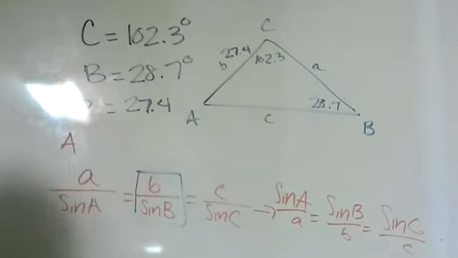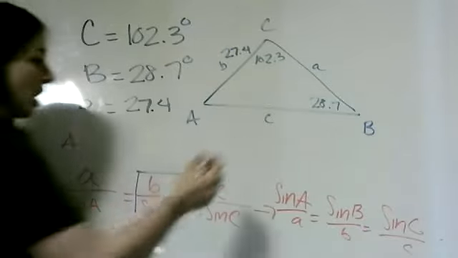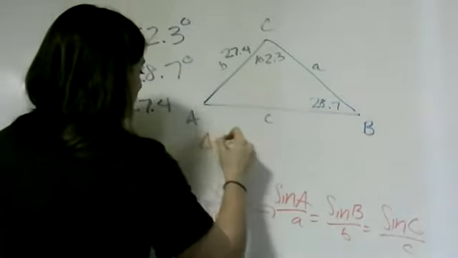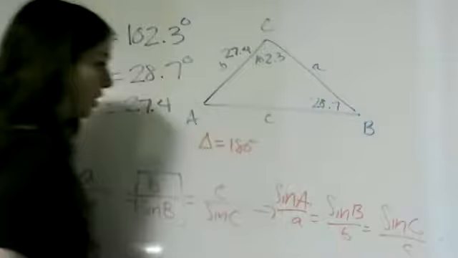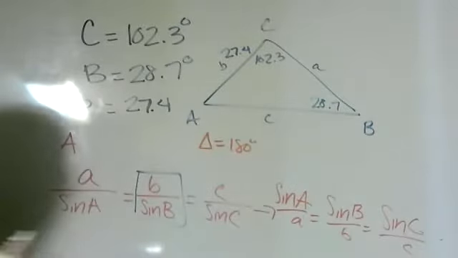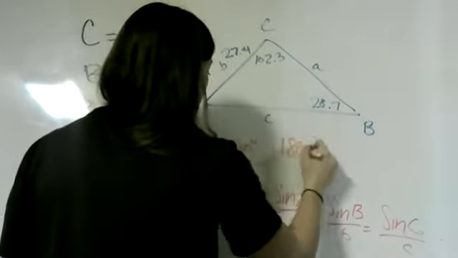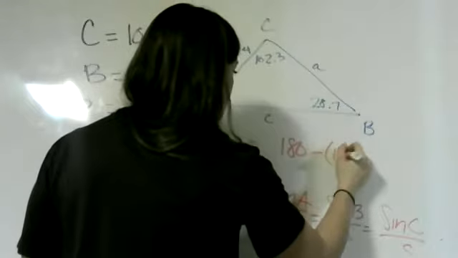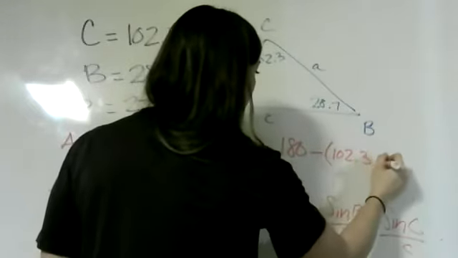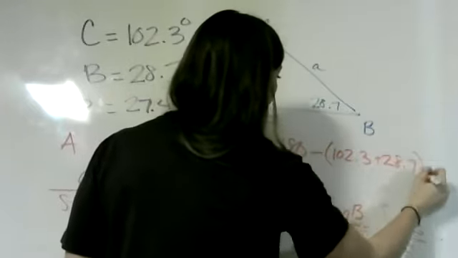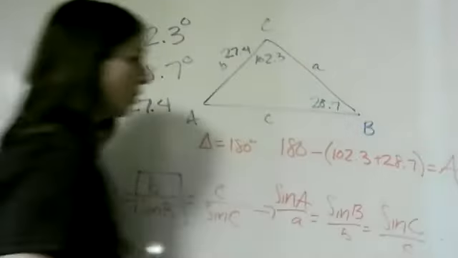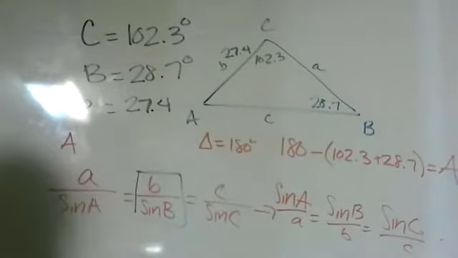One easy way to find a third angle measure is knowing two of those angle measures. We know that a triangle adds up to 180 degrees. So it's fair to say that if I take 180 and subtract the sum of the two angle measures that I already have, that's going to be equal to my last and final angle, the angle A that I'm missing here.